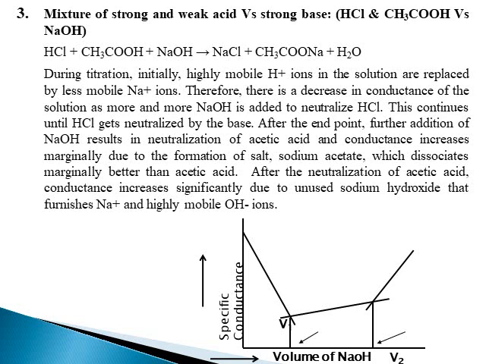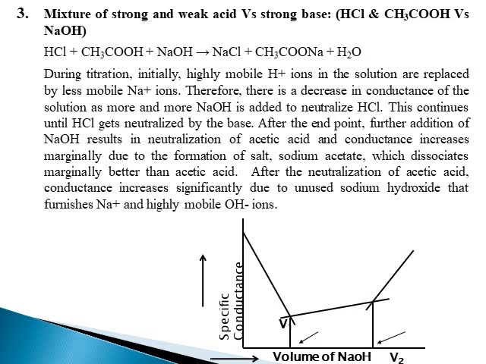This is when both the acids, strong and weak, are completely neutralized by sodium hydroxide. Further excess sodium hydroxide that you add from the burette contains OH minus, which is highly mobile and adds a significant contribution to the specific conductance. So the specific conductance value continuously increases and you get a third straight line.